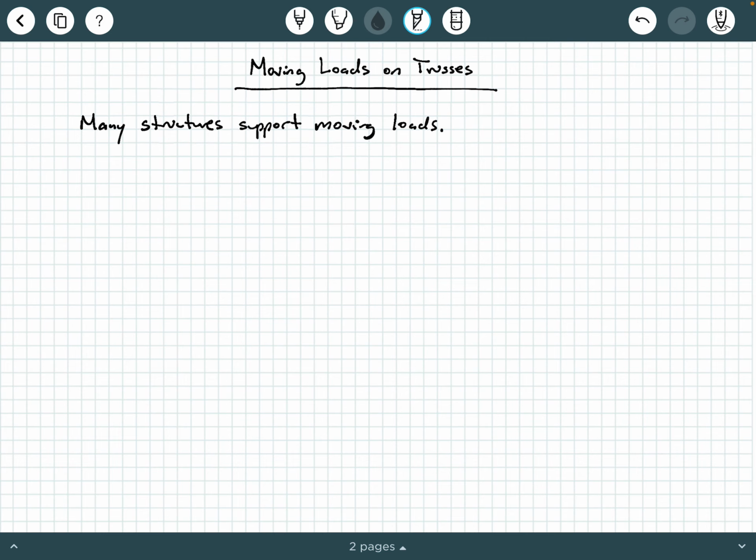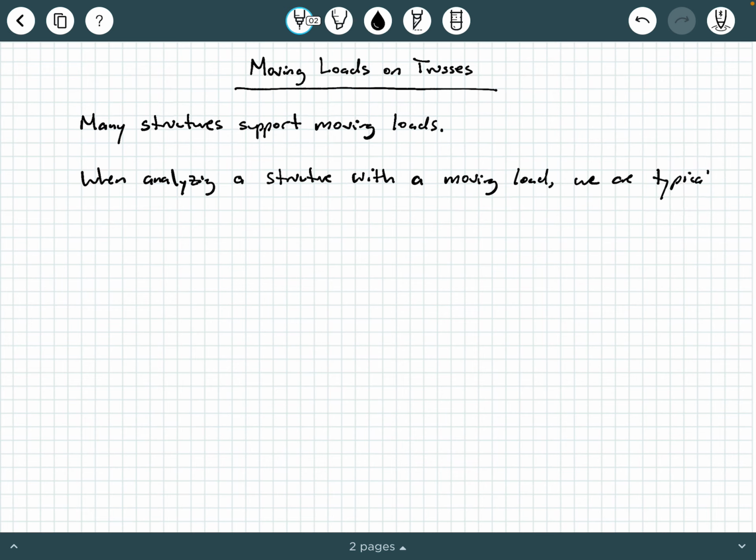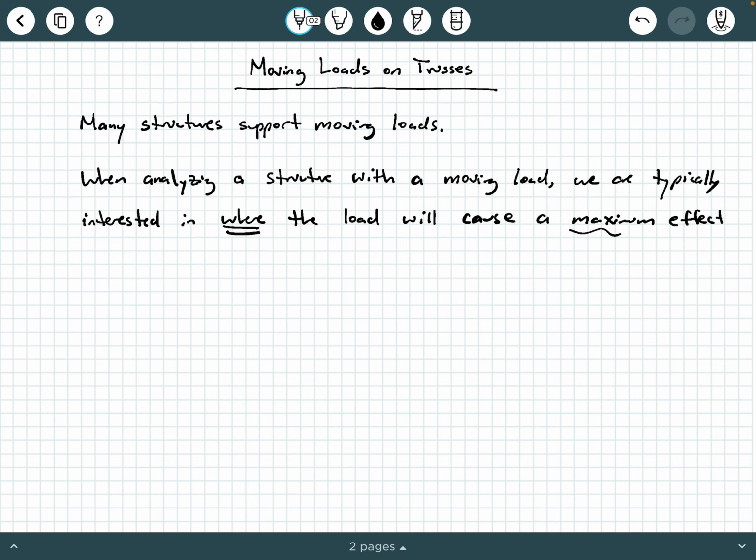Okay, so in particular, when analyzing a structure with a moving load, we are typically interested in where the load will cause a maximum effect somewhere on the structure.